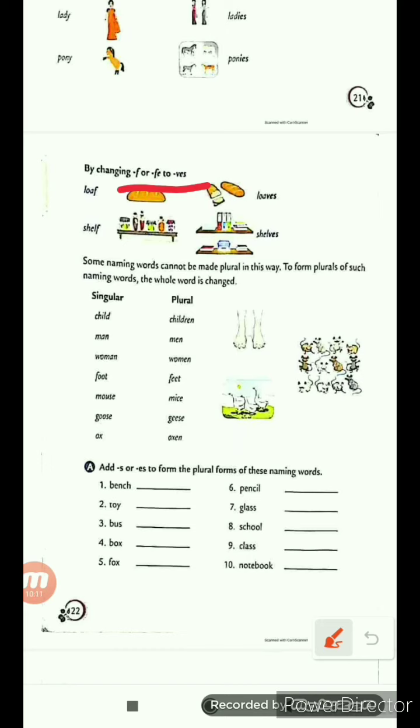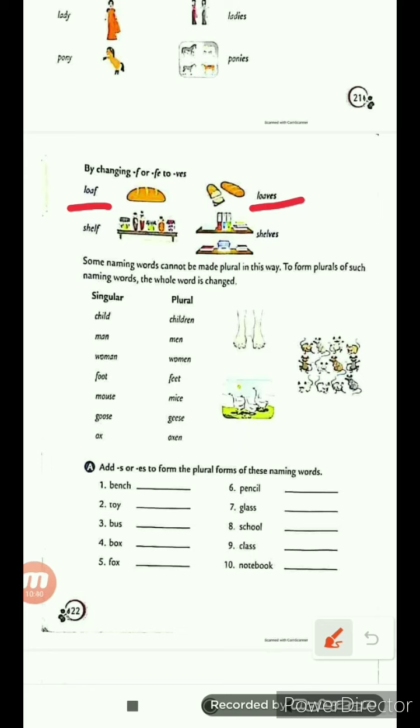Here you see the picture, that is loaf. Okay, this is bread, a loaf of bread. So when it is more than one loaf, we will remove F and write VES. Loaves. Okay.